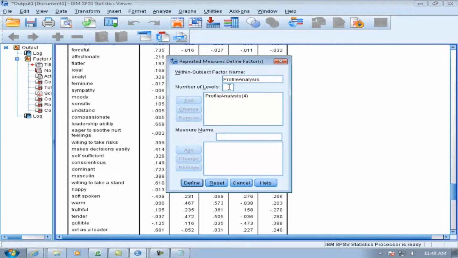Profile. Okay, now did you get that far? Now we're going to put in 4. I better get this out of here, remember. Now I got to go back and do that again. Profile analysis, 4 levels, right?